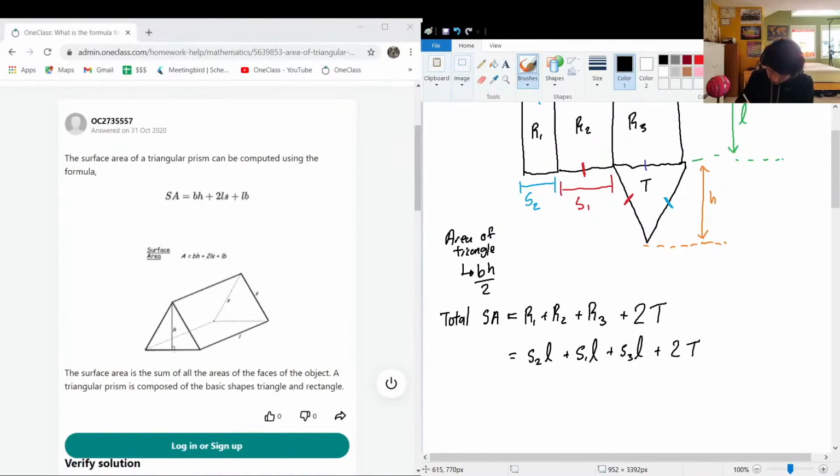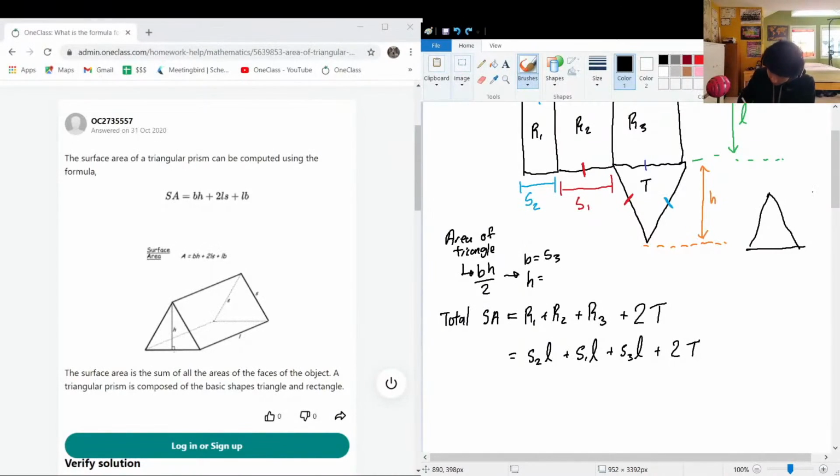And the triangle, as you can see, is base times height times one half. Base is equal to slant 3, S3, and height is equal to, well, okay, let's imagine this.